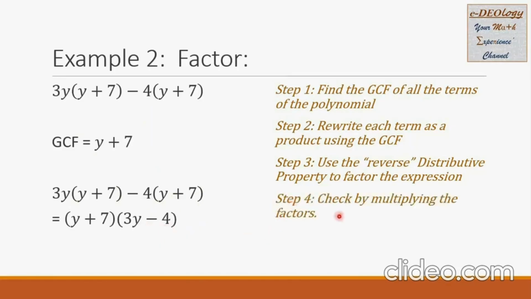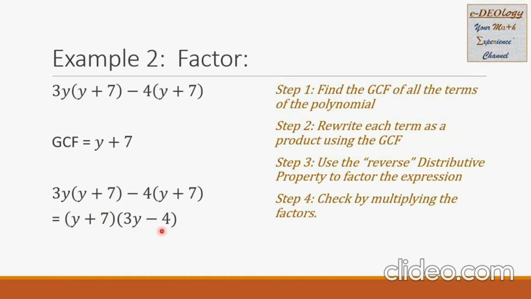And step 4, let us check by multiplying the factors. We want to multiply these factors, hoping that we will get back the original problem. So the first group is this 3y times the GCF. If I multiply 3y by the GCF, I will get the first group here.